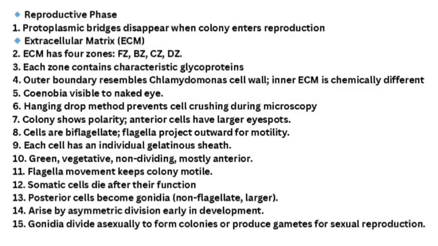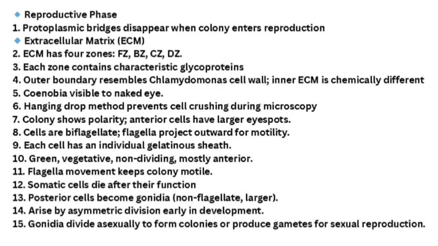Now let me tell you about the reproductive phase of Volvox. During this stage, the colony prepares for reproduction and some important structural changes take place in it. First, the protoplasmic bridges that connect the cells start disappearing as the colony enters reproduction. The extracellular matrix, or ECM, plays an important role here.